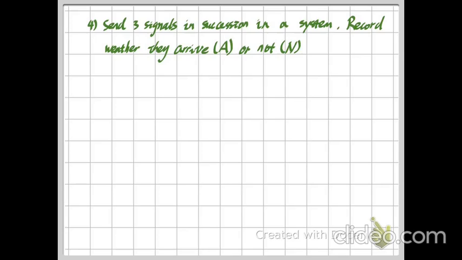So for this sample space, it's still about all the outcomes we can have. For example, if we receive the first one, not receive the second one, and receive the last one, it will be A, N, A. Also, in these 3 signals, any one of them can arrive or not.